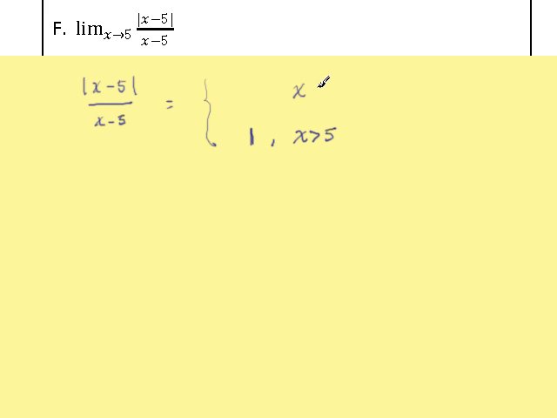Now, let's say x is less than 5. Then x minus 5 is negative, and so the absolute value is positive.